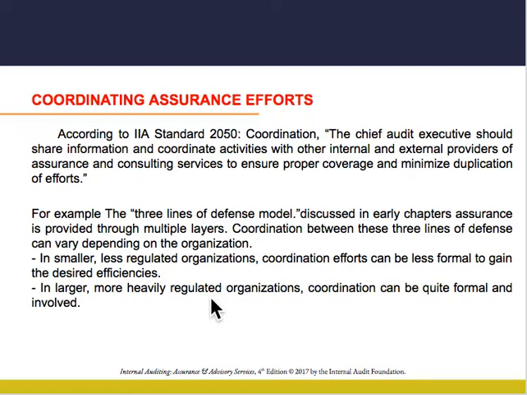If you remember, the three lines of defense we covered in the governance chapter: two of them are inside the organization, and the third one is the internal audit. All of these three levels provide the organization with assurance. Also, the internal audit provides assurance in all aspects of the organization, and the external auditors provide assurance about the internal control over financial reporting.